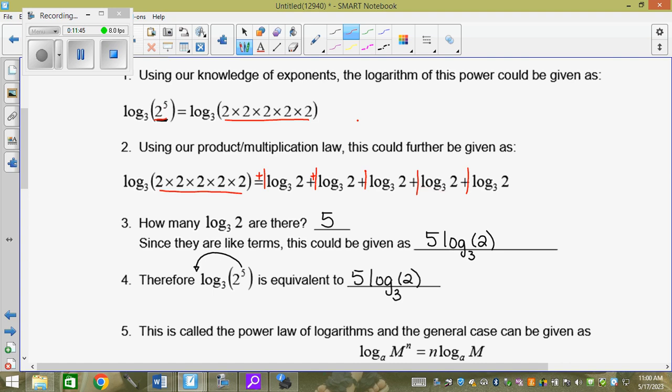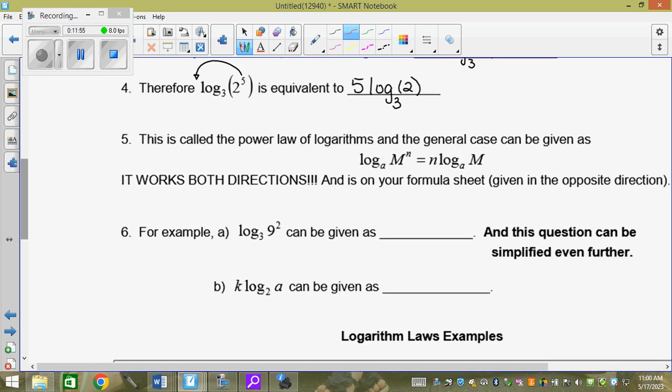So you need to know that power rule, because until now we've had 1's and minus 1's in front, but what if we have a number? We have to bring that number up as the exponent, and then we'll have plus or minus 1's in front. So that's the rule. So how can I rewrite log base 3 of 9 squared? 2 log base 3 of 9. And what is log base 3 of 9? 2.